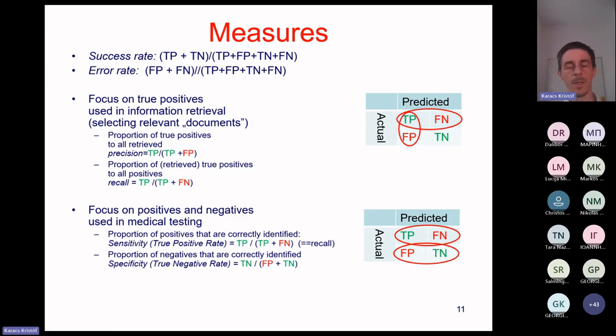So then we are going to compare it to the case where the true positive cases are divided by all the positive cases.